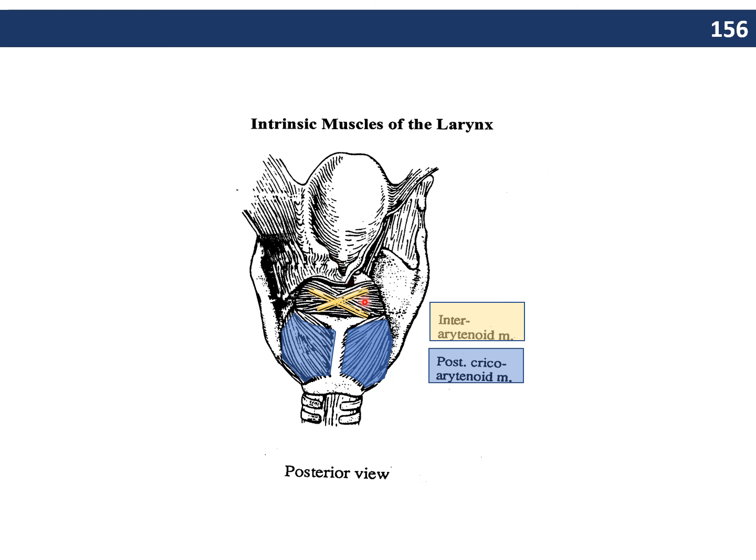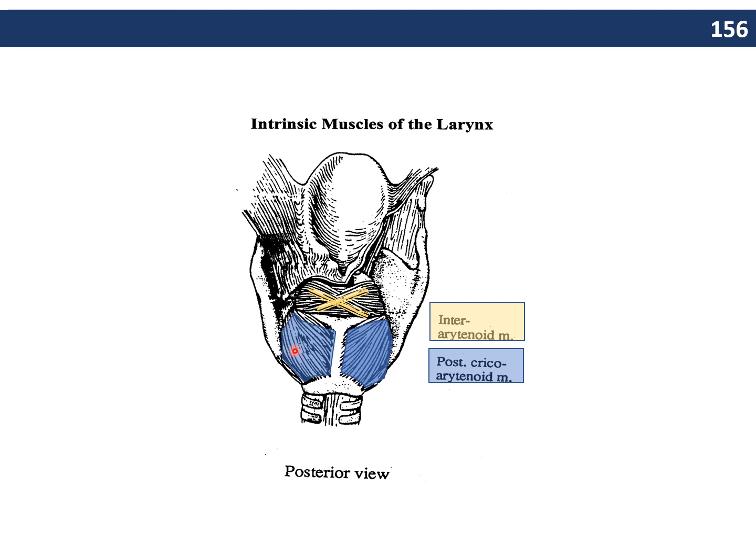The arytenoid cartilages are shown here, and then you can't see the other one, but the interarytenoid muscles attach on the lateral sides of the arytenoid cartilages, causing the arytenoid cartilages to squeeze together, closing the rima glottis. So closing the space between the vocal ligaments.